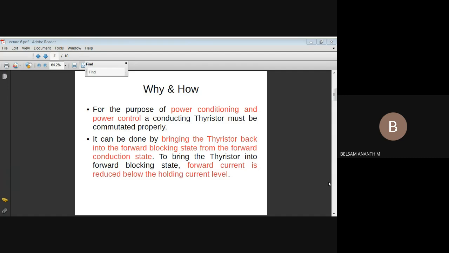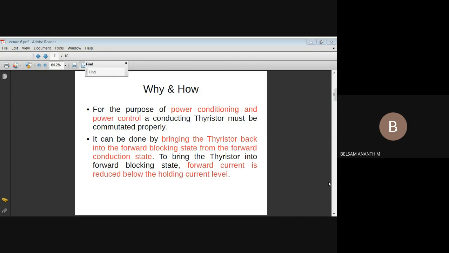For the purpose of power conditioning and power control, we are going for commutation. This is to bring your thyristor back from the forward conduction state to the forward blocking state.